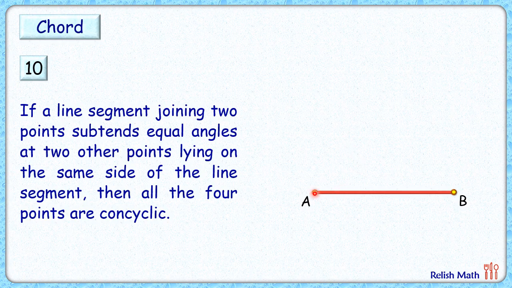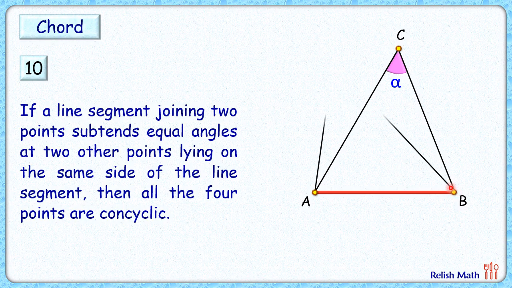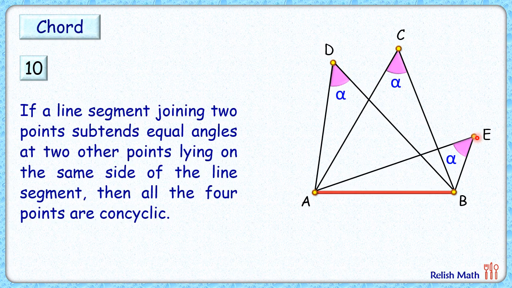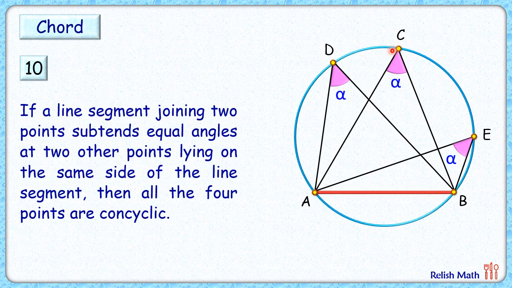So we have a line segment AB, and let's assume it's subtending an angle of alpha degrees at point C. Now if it subtends the same angle alpha at point D or at point E, then all these points, that is points A and B and points C, D, E, will be concyclic. Concyclic means we can draw a circle which will pass through all these 5 points.